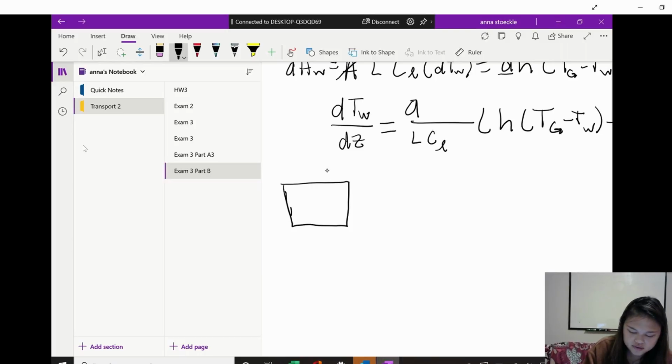And so we're going to have some enthalpy of gas going up, and then some enthalpy of water going down. So, that association, enthalpy associated with that gas moving or that water moving. And this is going to be in steady state, which is important.